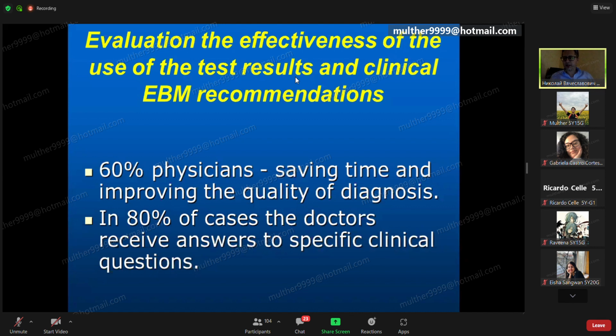What are the real benefits of evaluating the effectiveness of clinical evidence-based medicine recommendations in practice?